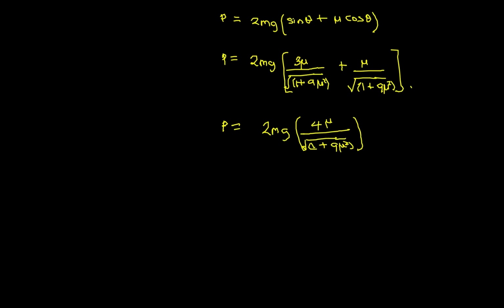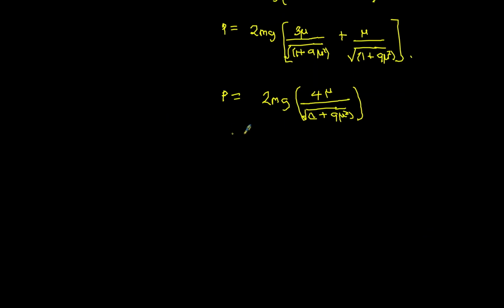Then we open up the bracket by multiplying with the coefficient 2 mg, meaning P is equivalent to 8 mu mg all over root of 1 plus 9 mu square, as required.